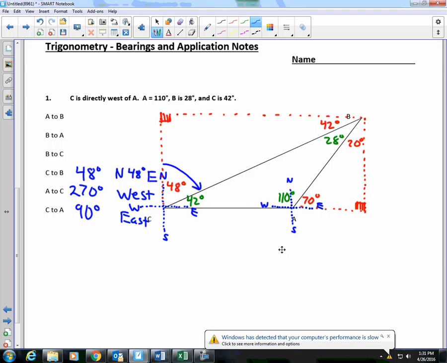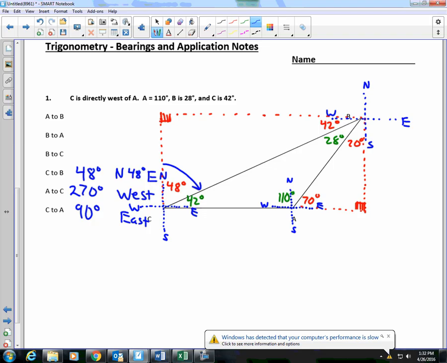Now I'm going to move myself to B. Again, I like to make a little compass every time. North, east, south, west. Would you like to go from B to A or B to C?